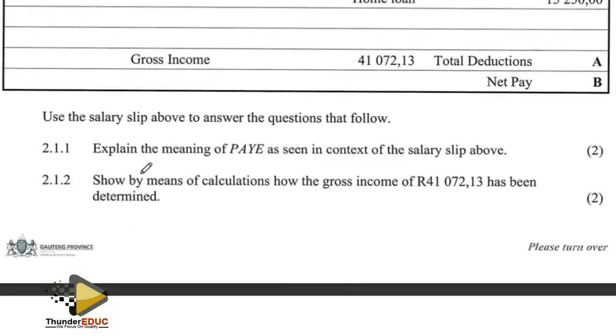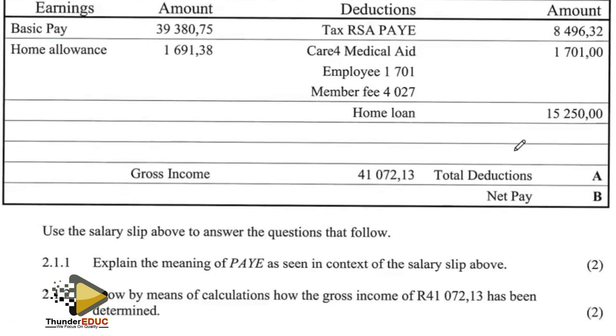Explain the meaning of PAYE, as seen in the context of the salary slip above. First and foremost, you see it as what? Tax. This is Republic of South Africa. Then this stands for pay as you earn.